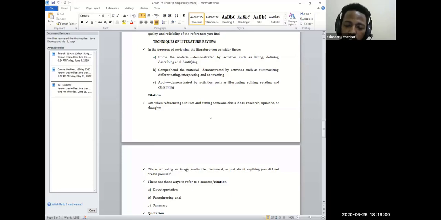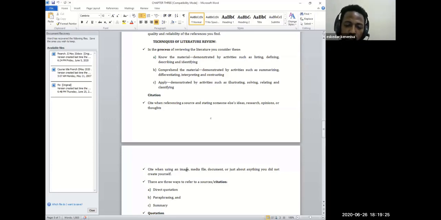Citation includes the acknowledgement of anything that you take from others: ideas of others, materials of others, or materials or ideas that are not your own creations.